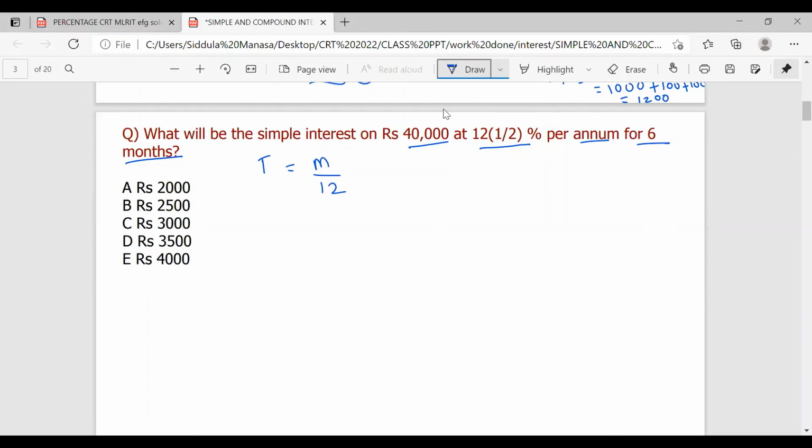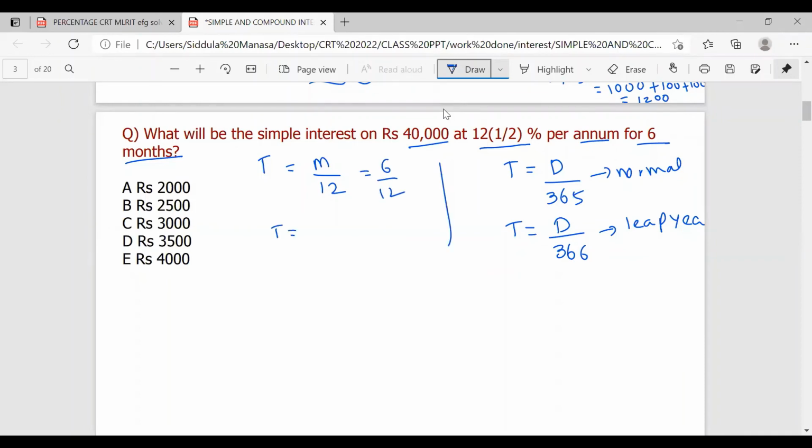If it is days, we already discussed: time period equals D/365 for a normal year, and D/366 for a leap year. So time period equals M/12 here, which is 6/12. So we get time period equal to 1/2 years.